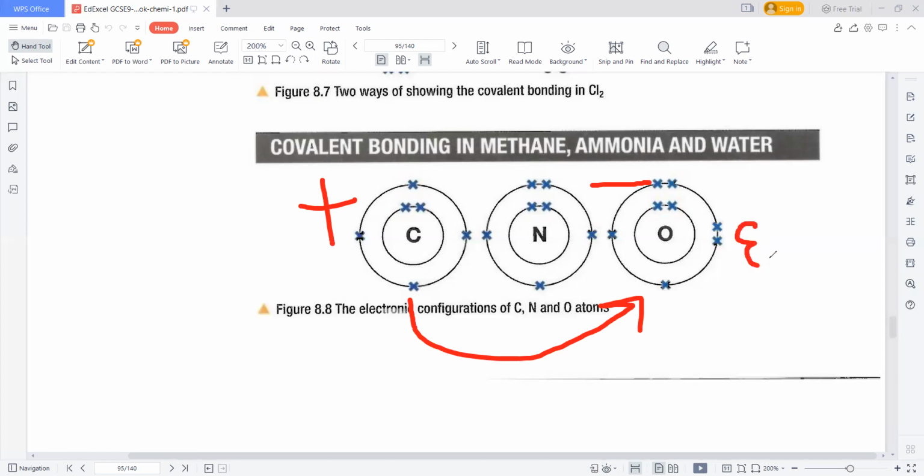Because the electronegativity value of oxygen is comparatively higher. That is why carbon is going to act as the giver, donor or sharer of electrons. Oxygen needs 2 electrons, while carbon can give 4 electrons.